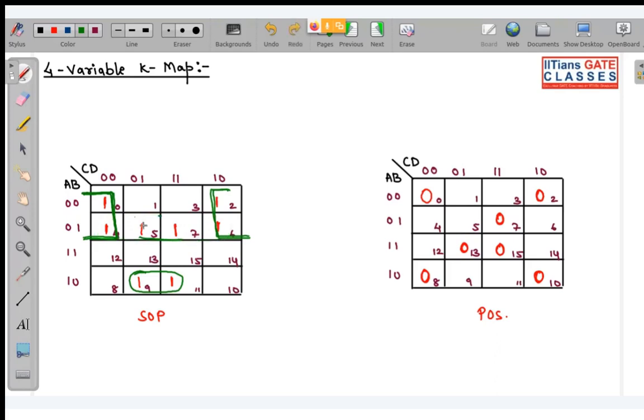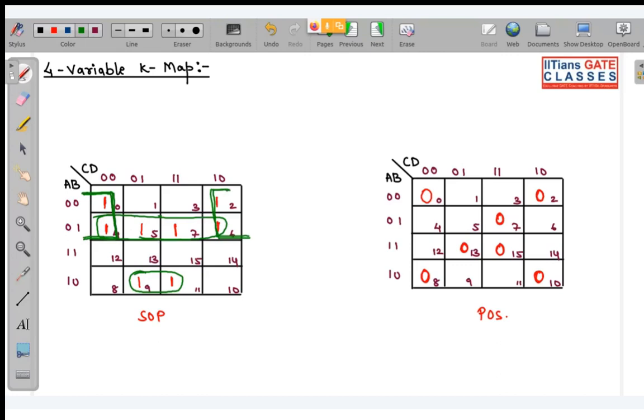Previously, when I was doing a group like this, the number of groups was also 3. But when I do it like this, my number of groups is still 3, but the group size for this group has increased from 2 to 4. So now I will get your minimized expression.